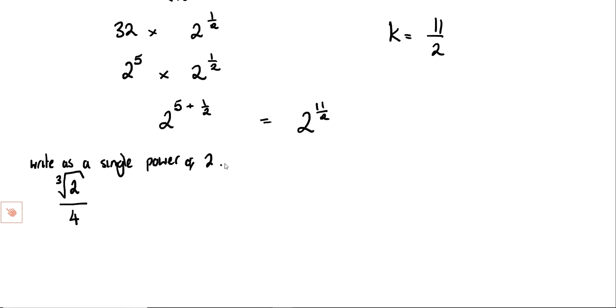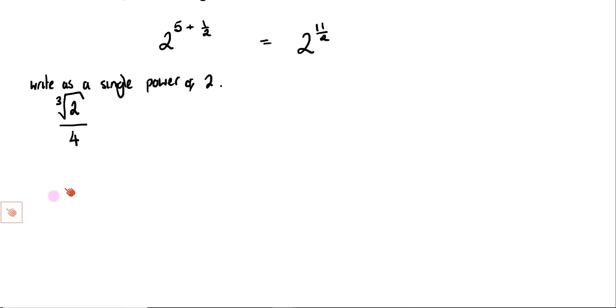Who would like to start me off? Mike? Could you change the cube root of 2 to 2 to the power of 1 over 3? Yeah, so we've got 2 to the power of 1 over 3 over 2 to the power of 2.